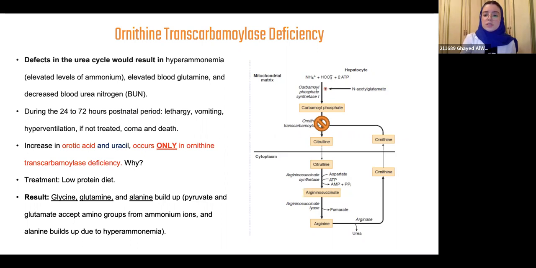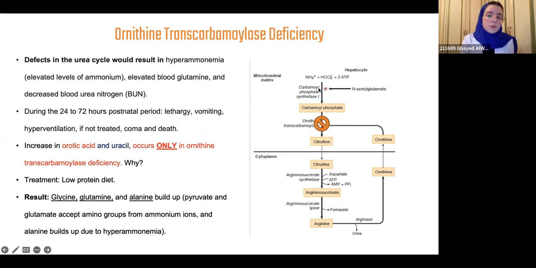So instead of progressing through the urea cycle, which it can't do anymore because we don't have the enzyme, it's going to go into the pyrimidine pathway. The pyrimidine pathway is where we synthesize our cytosines, thymines, and uracil. This pyrimidine pathway is what causes increased levels of orotic acid, and this only happens in ornithine transcarbamylase deficiency.